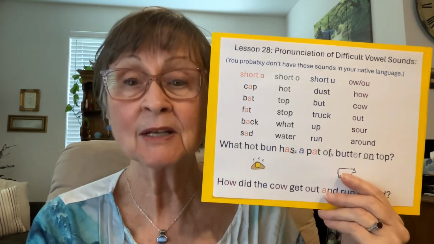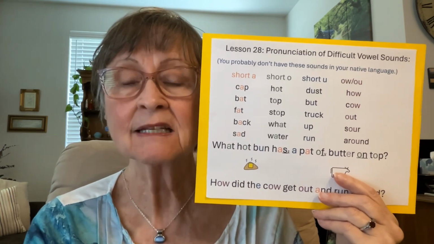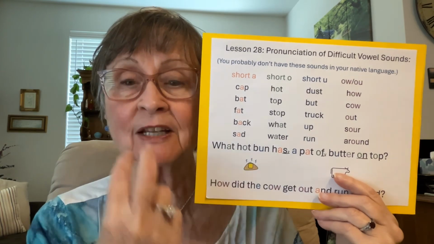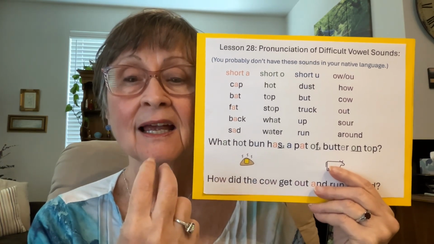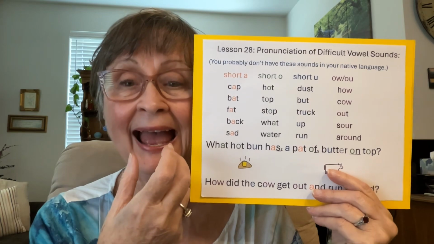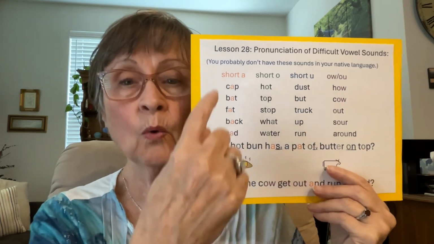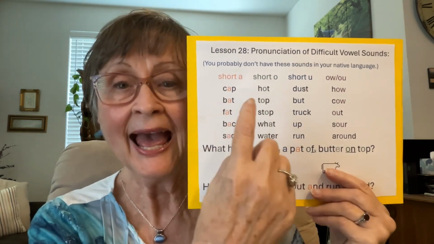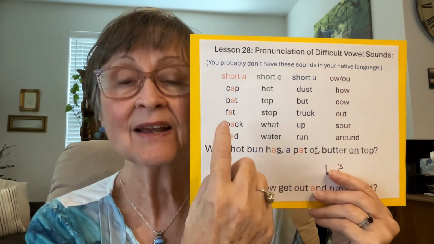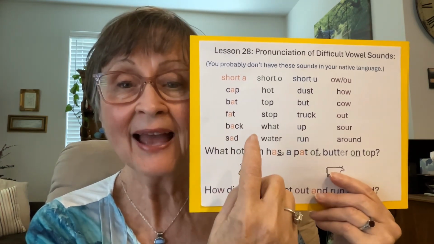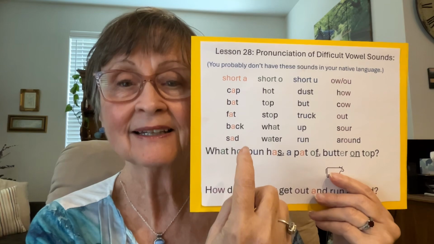See, I make my tongue thicker. Make the tongue thick and a little bit wider. One more time, faster. Cap, bat, fat, pack, sad.